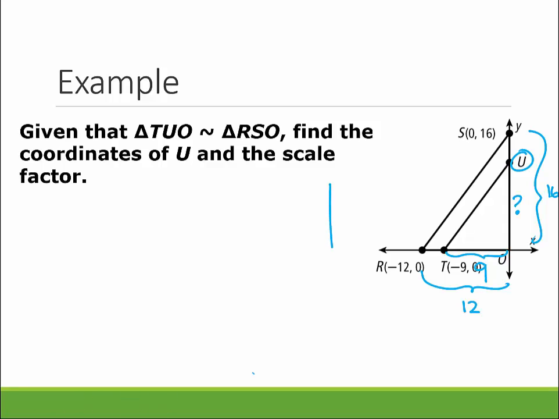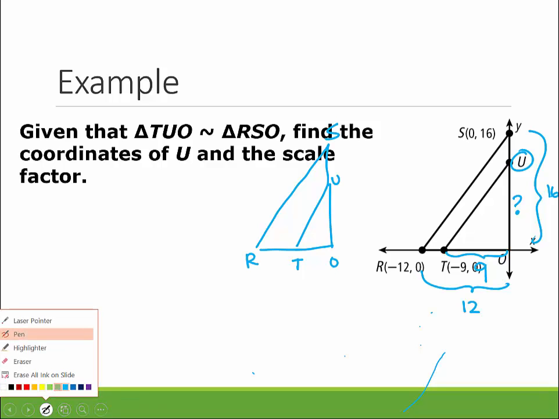So if this is confusing, you can redraw these pictures with T, O, U, and then this one's just a little bigger. Let's try that again, this with S and R here.